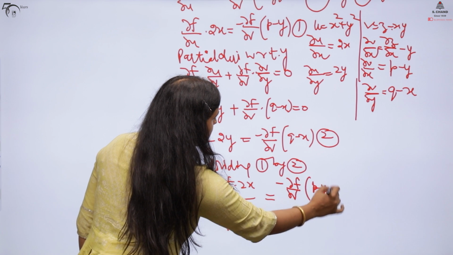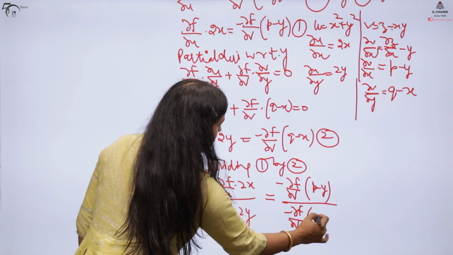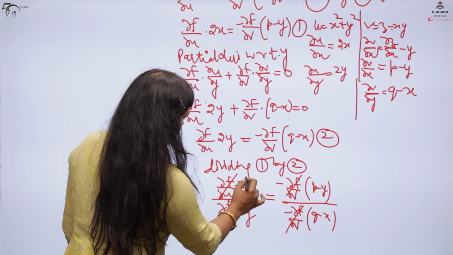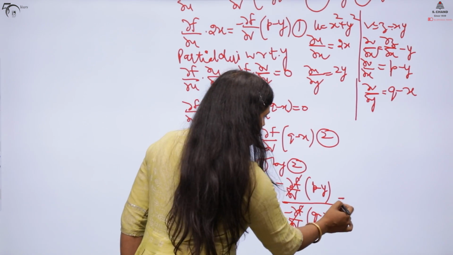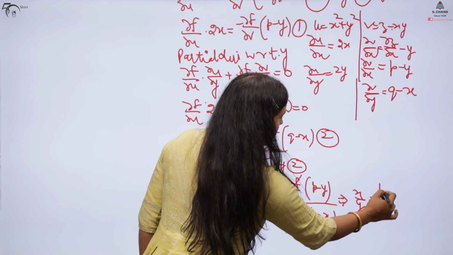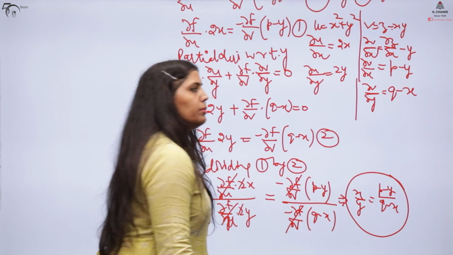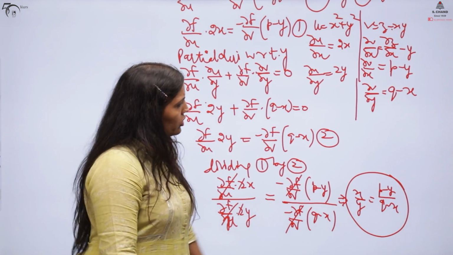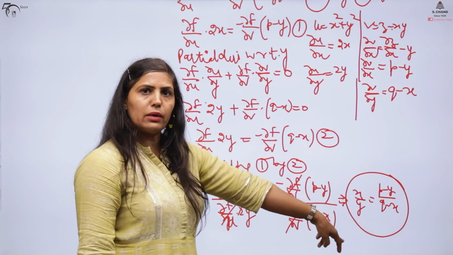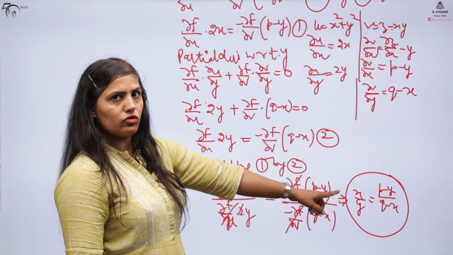As I told you, the steps will be just the same, particularly for this type of equation. So this will get removed, 2 also gets cancelled. So my final equation is x upon y equals p minus y upon q minus x. I can simplify it further to get the partial differential equation, but this is fine if you leave it here also. It is also fine if you cross multiply and then arrange. So this is the partial differential equation in this form.